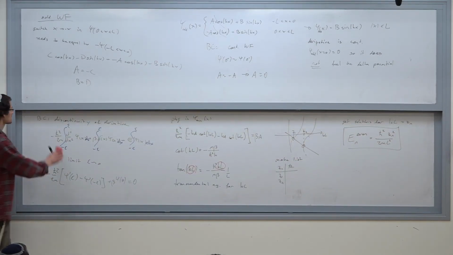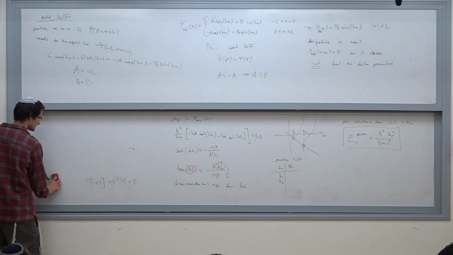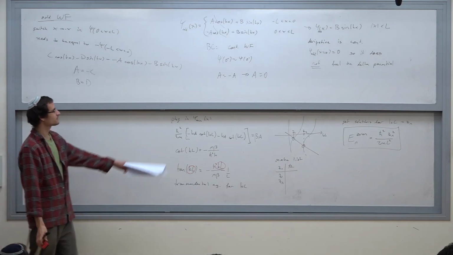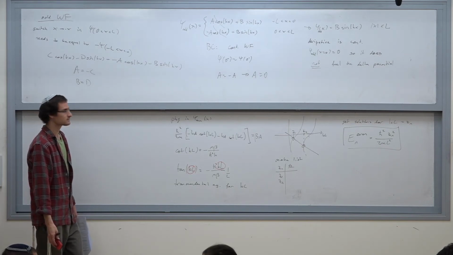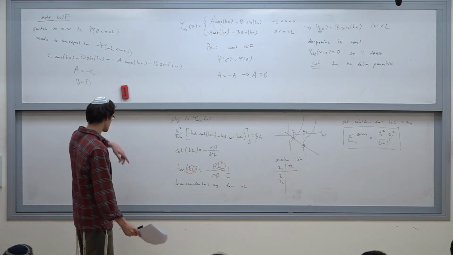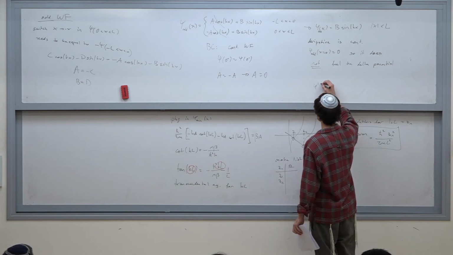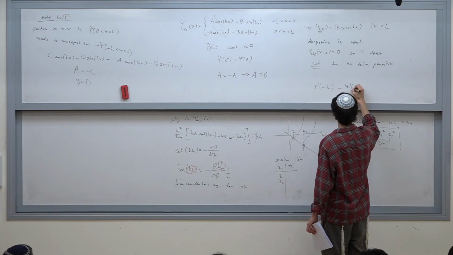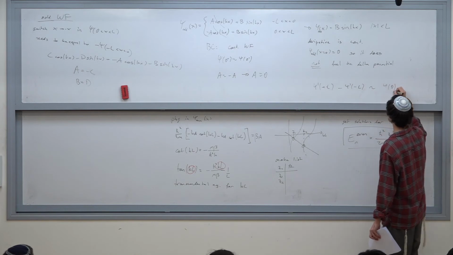Excuse me? Wasn't the derivative not continuous? So it is continuous, and there's nothing you can do about it. Where's our condition? The condition was, up to some constant, psi prime of plus epsilon minus psi prime of minus epsilon was equal to psi of 0.